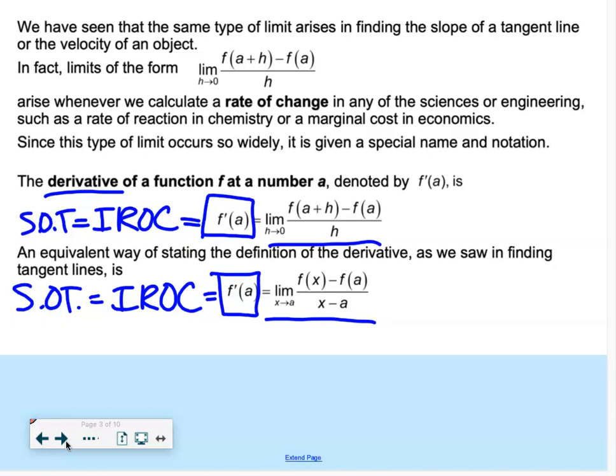Everyone's writing. You have these formulas in your notes already, right? Okay. So there's nothing new. You're just calling it F prime instead of just the formula.